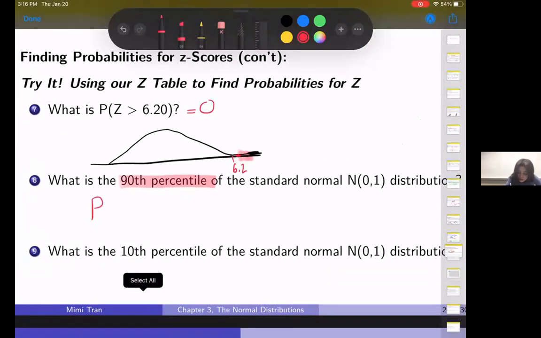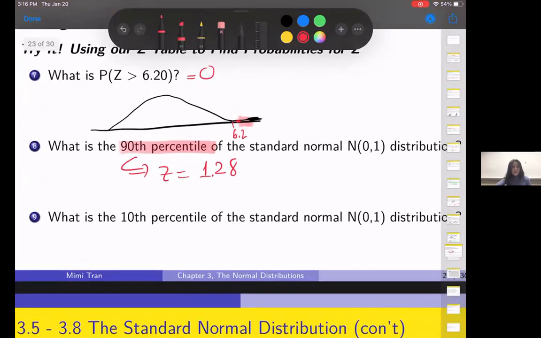So all you have to say is Z equals 1.28. Try number 9 and then put your answer in the chat.